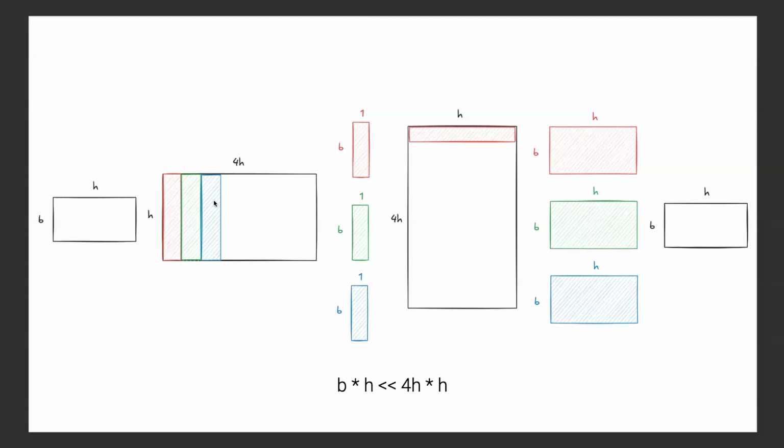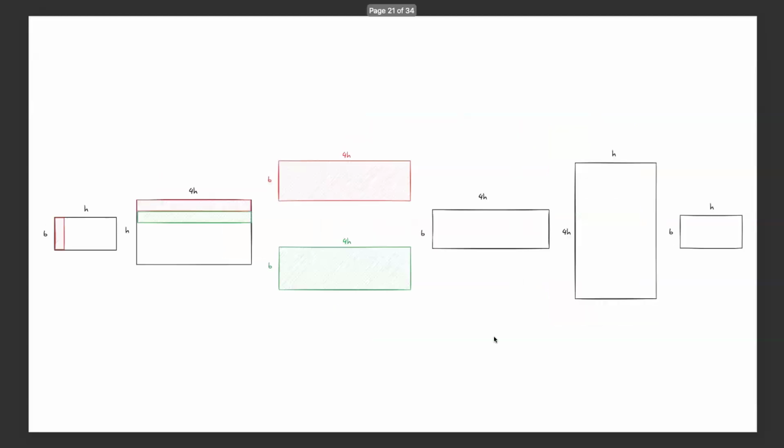H by 4h is the weights matrix, but the real activations that we would get if we multiply b by h by h by 4h would be b by 4h. So nevertheless, we get memory savings in activations by the order of 4.